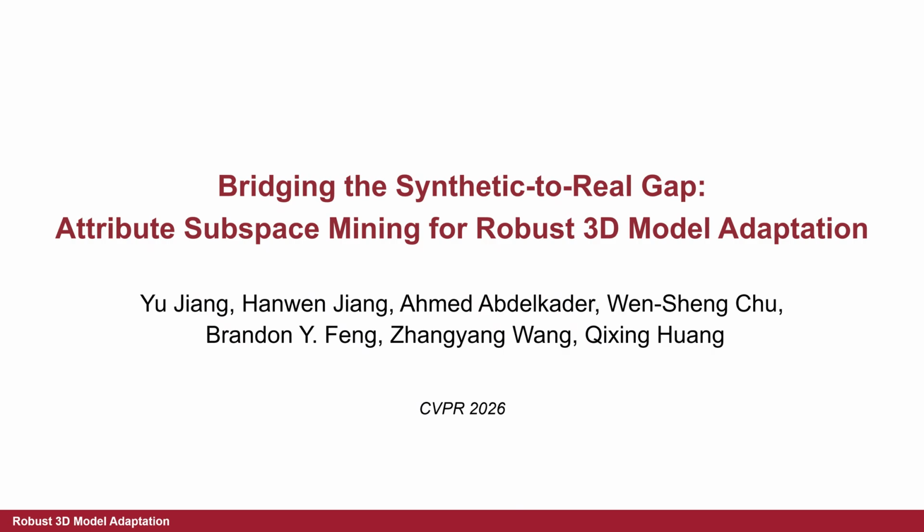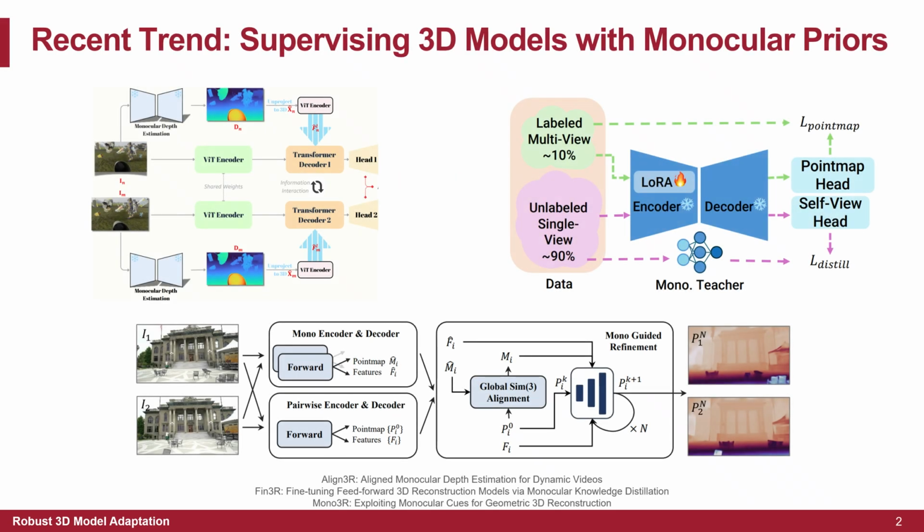In this video, we present our recent work on bridging the synthetic-to-real gap, titled Attribute Subspace Mining for Robust 3D Model Adaptation. A recent trend in adapting 3D foundation models is supervising them with monocular priors.